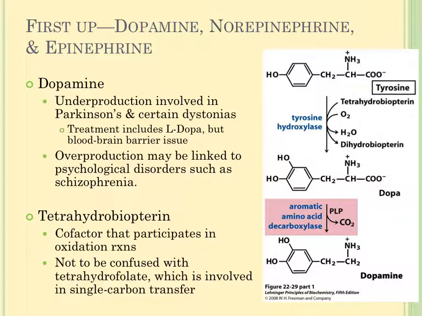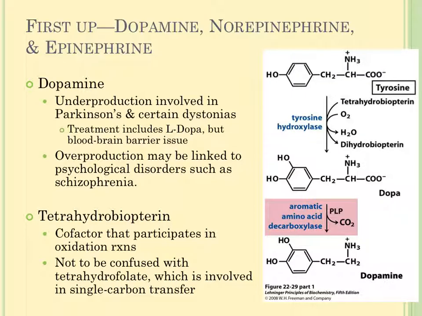This enzyme gets around. Could it be inhibited by other aromatic ring structures? It could, in theory. Or it could take other aromatic amino acids and remove the carboxylate groups.